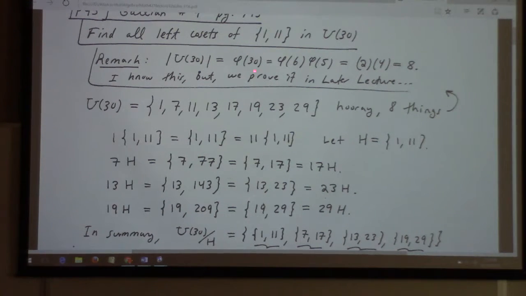One thing that's helpful is the multiplicativity of the Euler phi function, since 6 and 5 are relatively prime. So there's 8 elements, that's helpful. And if this is a subgroup of order 2, I'm looking for 4 cosets, one of which is H itself. So I got 7H, 13H, 19H, which can be rewritten as 17H, 23H, 29H.